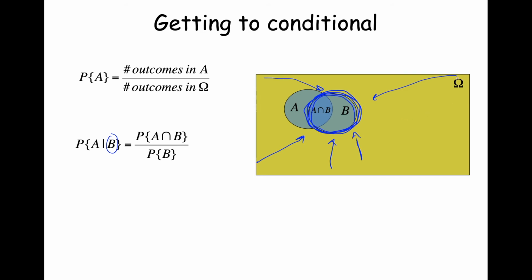So because our universe of consideration shrinks down to B, this denominator here is going to change. And so let's look at this evaluation. Well, the events in this new universe of consideration for which A is true, if you're limiting it to those that are in B, is now this intersection, the probability of A intersect B, those events for which both A is true and at the same time B is true. And so you can think of this cup here, that's intersection, the set operation, and that's the same as saying A is true and B is true.